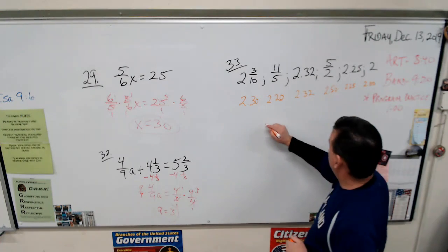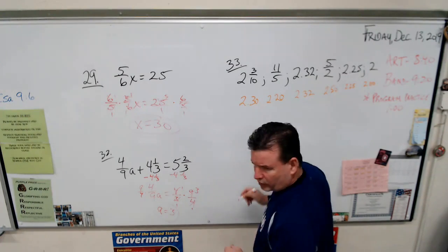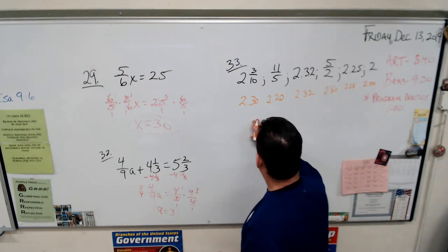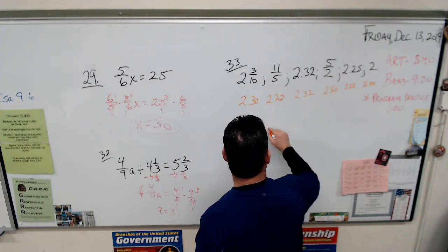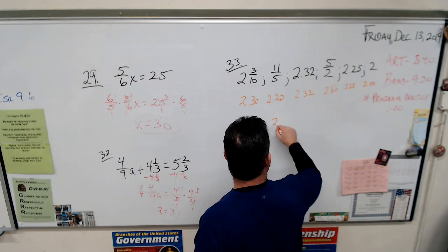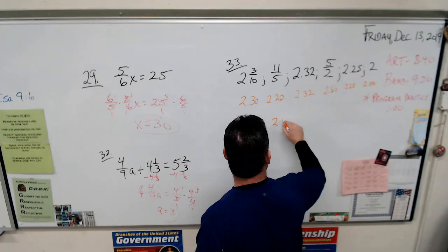They want me to go from least to greatest. Okay, so I go 2, then 2.20. I'm sorry.